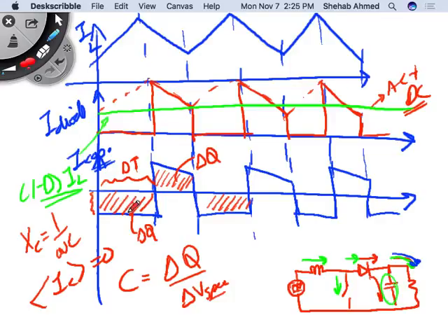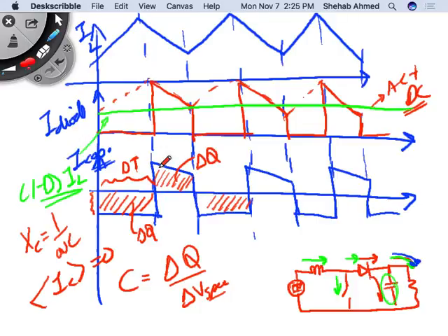And this value here is what? This is the capacitor current. It's equal to the peak value minus the average. I removed the average value, so it went down by the average value of load current.